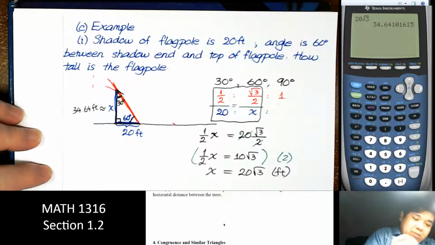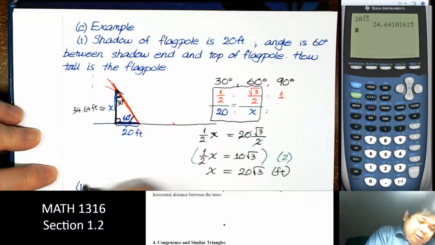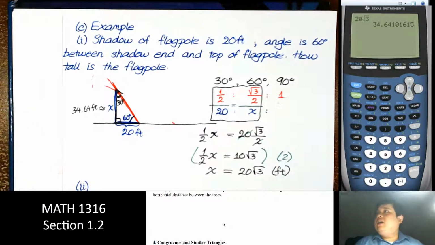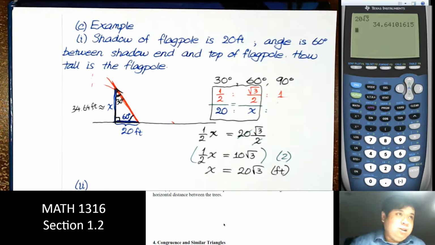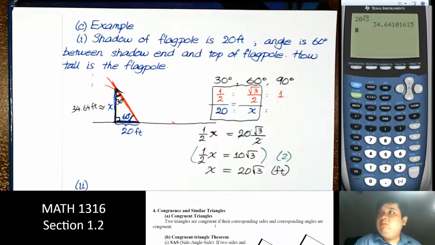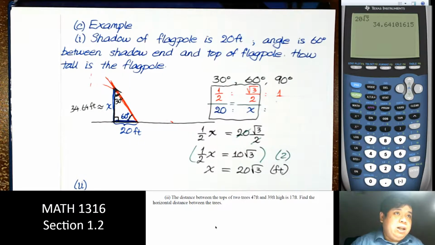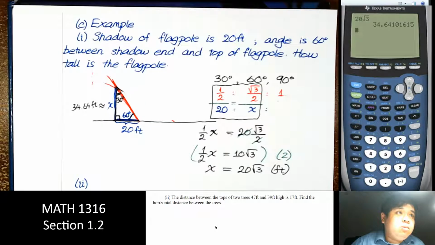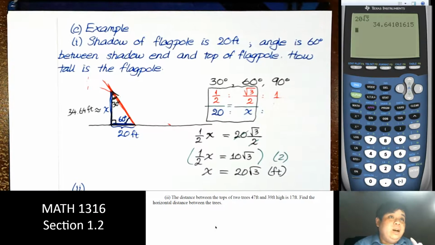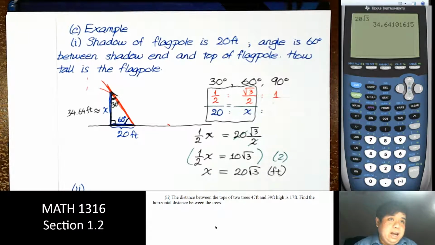Next we have another example. I'm not going to write the problem down because we have this in the note over there. So we have two trees, 47 foot and 39 foot height respectively. The distance is 17 feet.